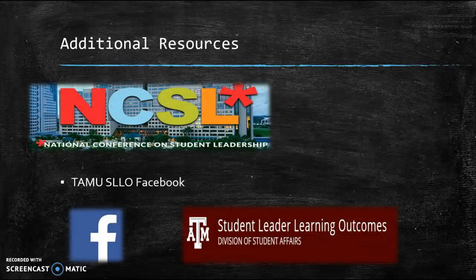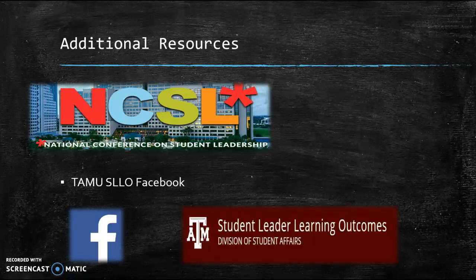So just some additional resources. A lot of the information that I pulled about student leader learning outcomes was obviously from the Division of Student Affairs website at Texas A&M, because they were the ones who initiated this. But some other resources, student leader learning outcomes at Texas A&M has a Facebook page, and they post a lot of really relevant articles from Inside Higher Ed, Chronicles of Higher Education, that are really specific and pertinent to this topic as well.